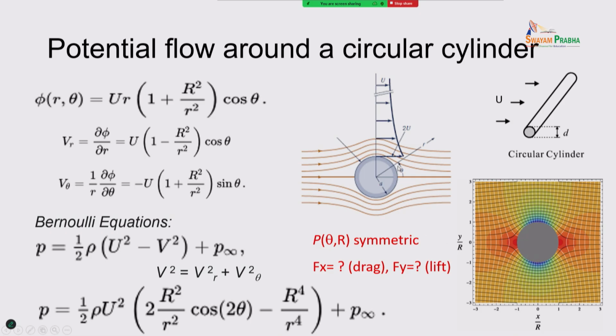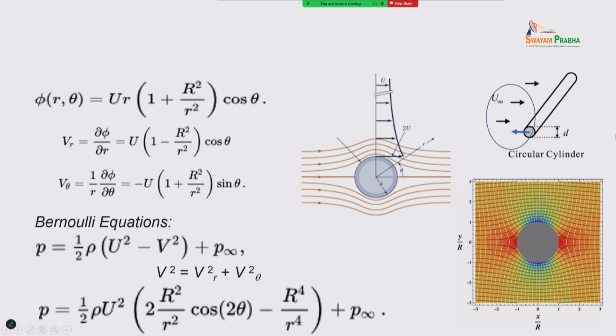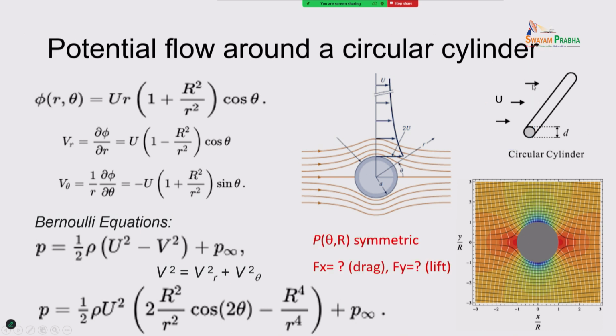You can do the integration of the small force projections, but quickly, if you look at it, it's symmetric, so 0. Under the potential flow assumption, you don't have force on the system.